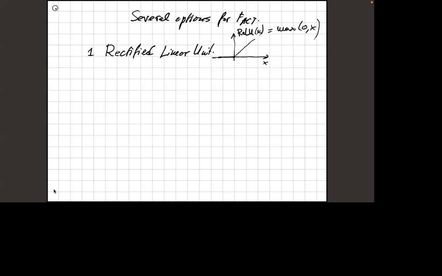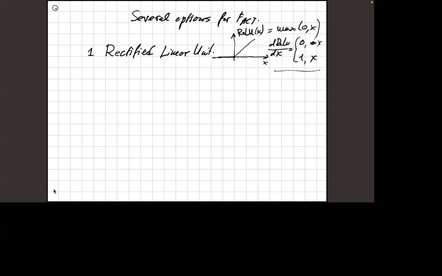Let's also write down the derivative. dReLU/dx is, I will not torture you with this math, 0 for negative x and 1 for positive x. Interesting. I'll tell you why it is interesting.